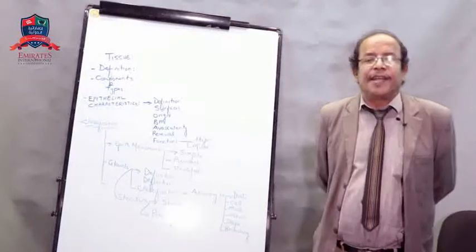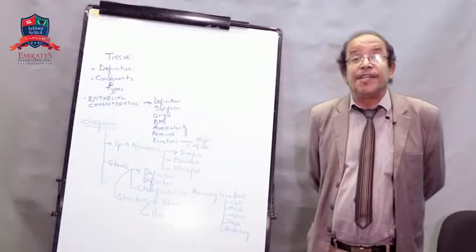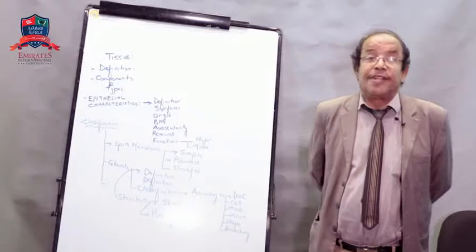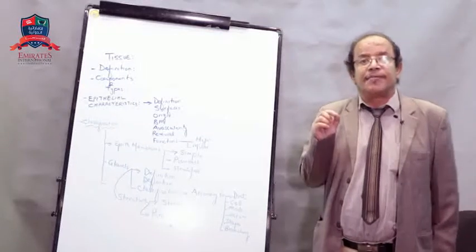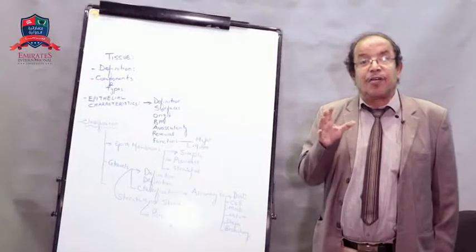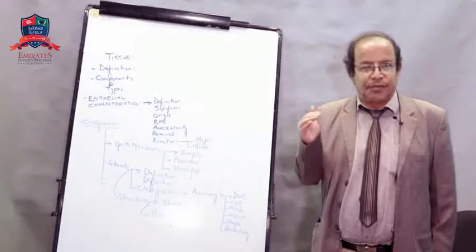Numerically or quantitatively, the number of cells which are in your body are in trillions. And qualitatively, you have more than 200 types of cells. These cells are organized into 4 groups known as tissue.